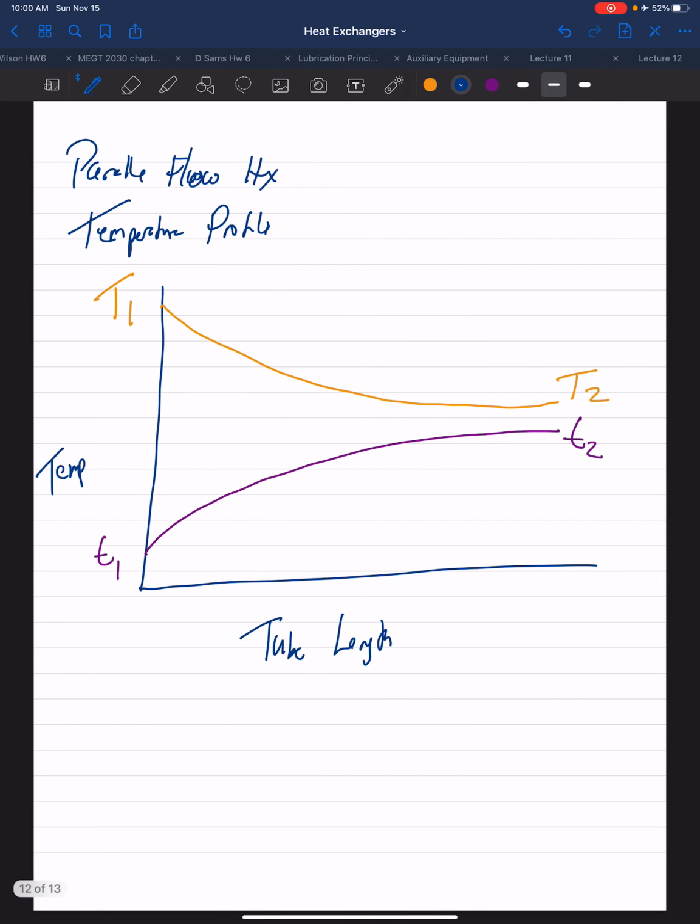And we can see that on our graph. The purple line represents the temperature profile of the cooler fluid flowing through the tubes, and it will never be greater than the temperature of the shell side fluid in a parallel flow heat exchanger.